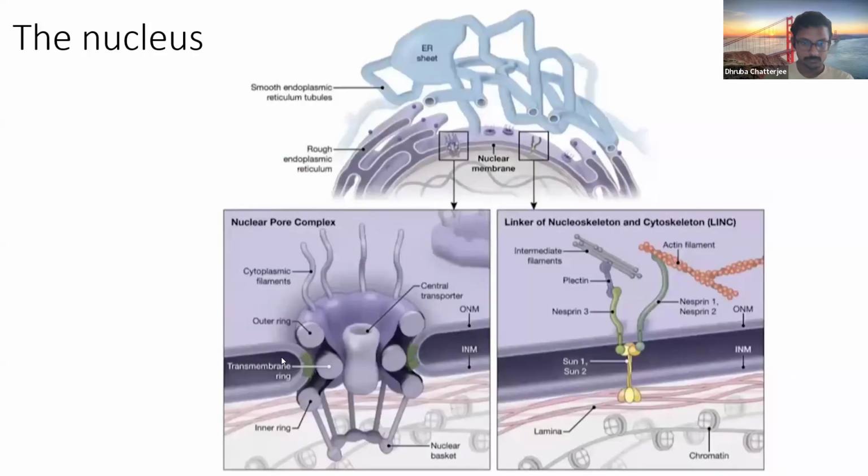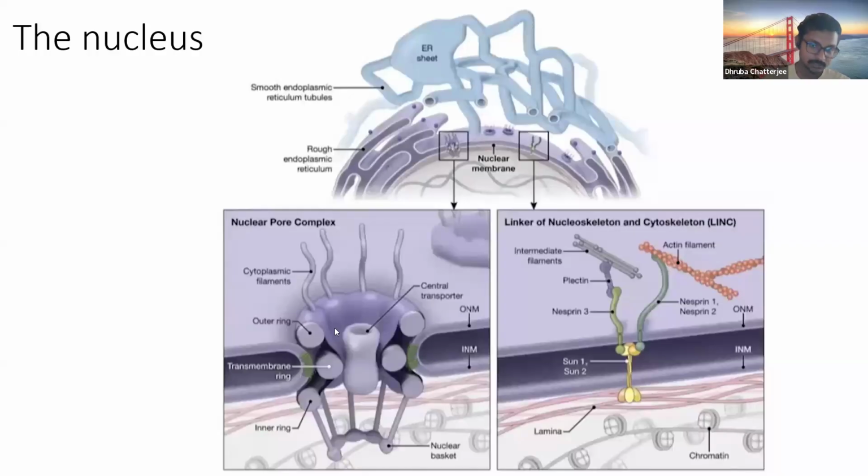So the nuclear pore complex, as I already mentioned, is a fascinating assembly of a large number of proteins to form supramolecular assemblies, where several proteins form this ring-like structure, and several of these proteins anchor the nuclear pore complex to the nuclear envelope.